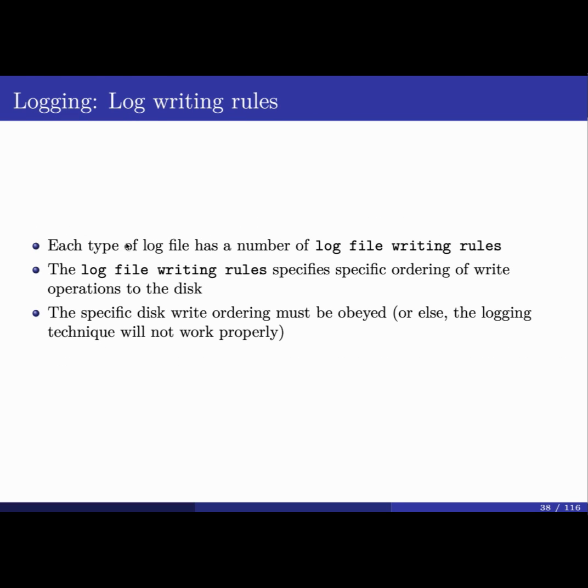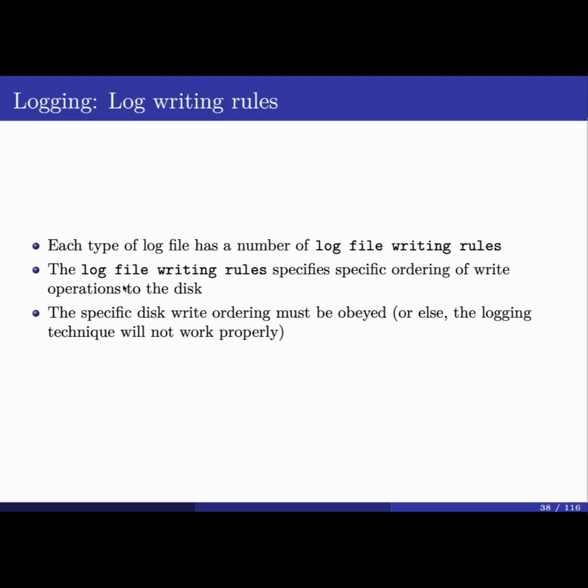Okay, so before this, we're going to take a look first at the log writing rules, which each logging technique has. That means when you need to take whatever you have in the log entries in main memory and store this information on the disk.